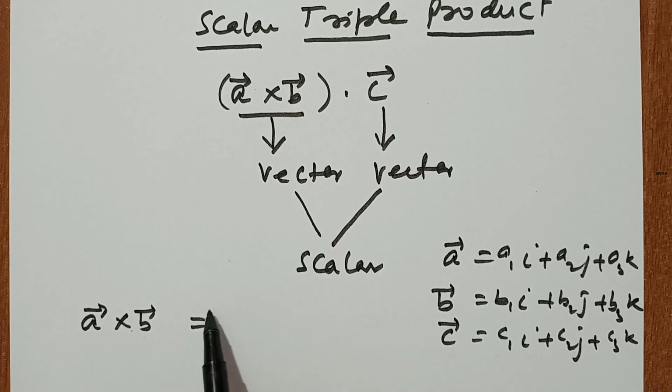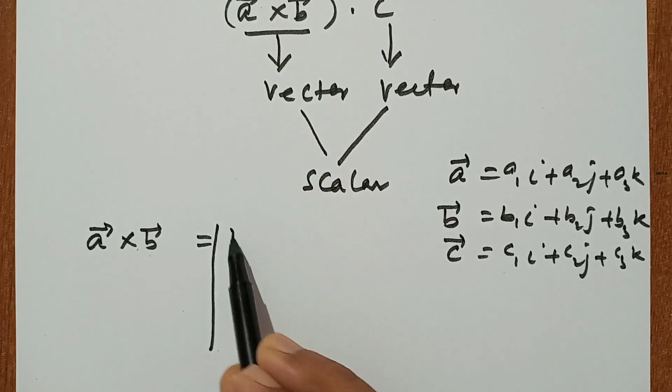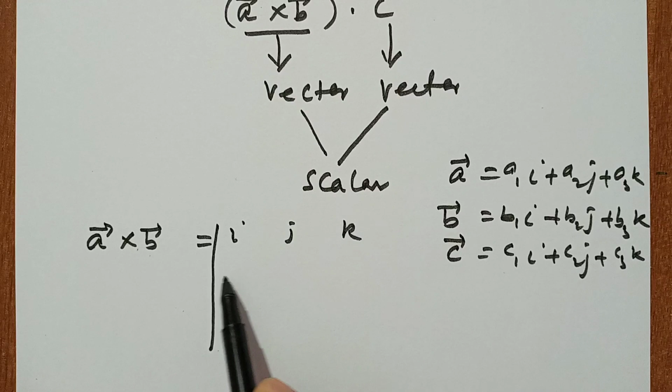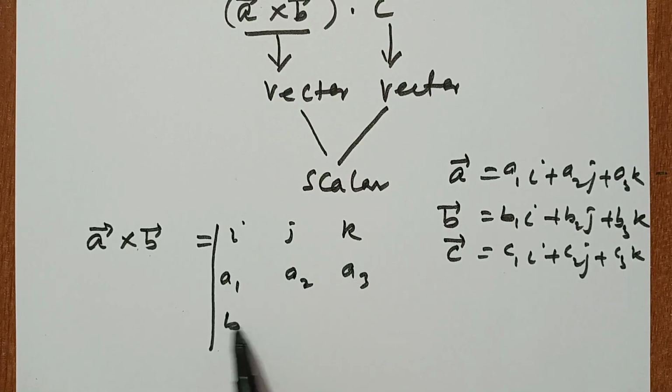So A cross B, by the definition of cross product, is the determinant with rows i, j, k; A1, A2, A3; B1, B2, B3.